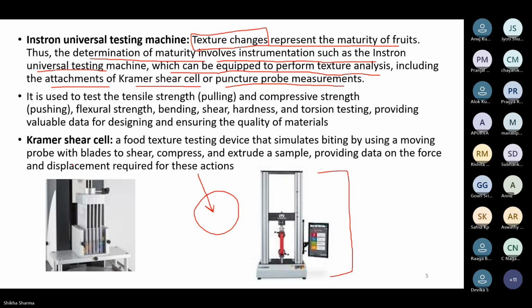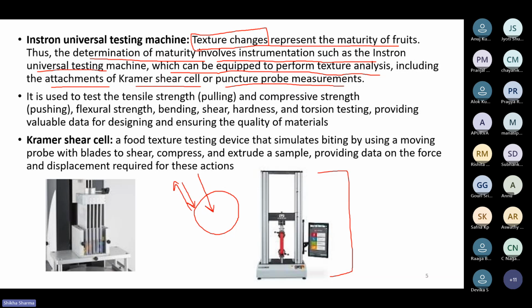Then there is also the compression test, another method. In that, the probe will come, touch the surface of the fruit and go. It will not puncture, it will just compress and measure the back force: if we apply some force to the fruit, the fruit will apply some backward force on the probe.